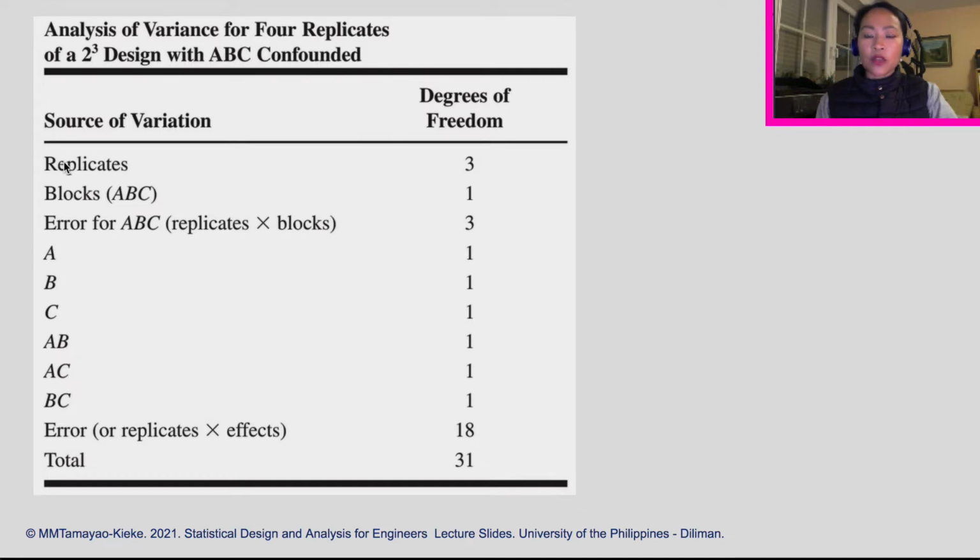Because we have 8 blocks, we have 7 degrees of freedom, and the distribution of the degrees of freedom corresponds to 3 for the replicates, 1 for the block or the ABC interaction, and then 3 for the error for ABC. And for the error, we have 18 degrees of freedom, and it's usually safe to say that the interaction between the replicate and effects are 0, and the resulting mean square is equal to the estimate of the error.